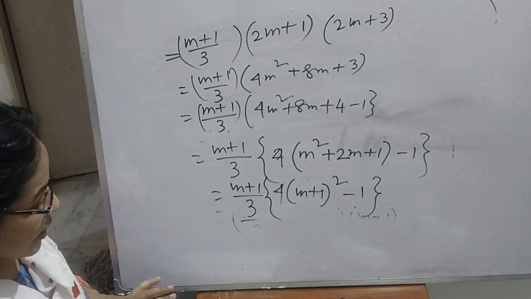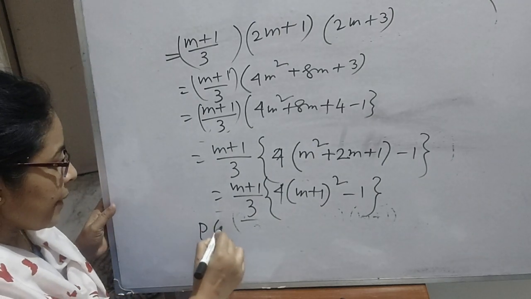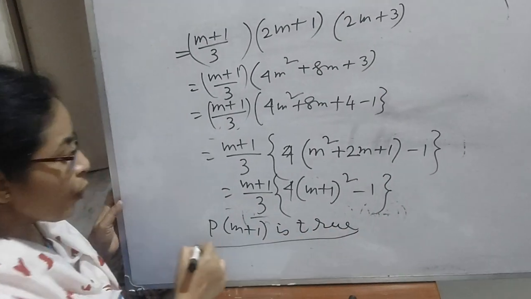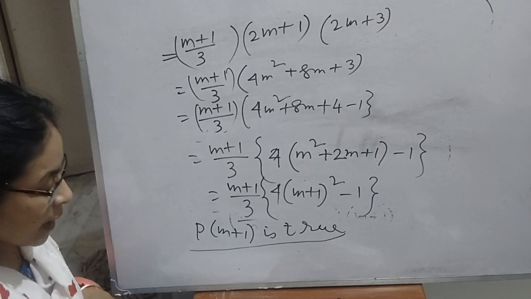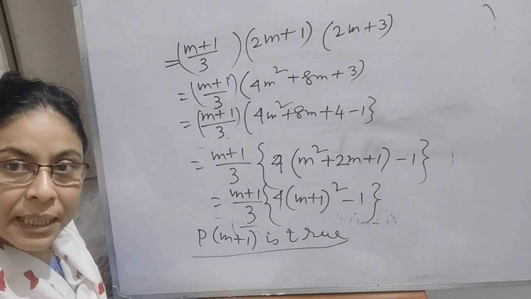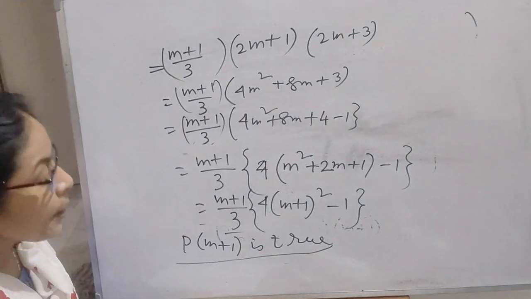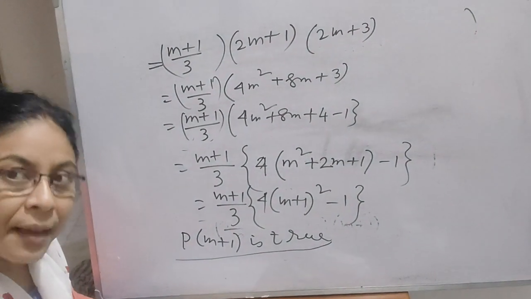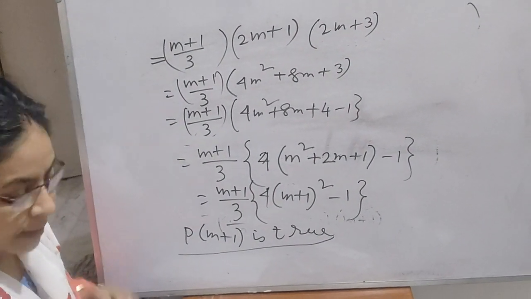So Pm plus 1 is true for n equal to m plus 1. That means by mathematical induction I can say Pn is true for all n belongs to capital N.